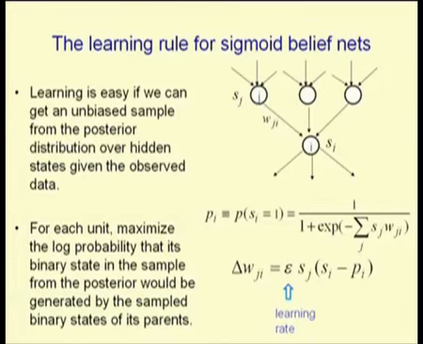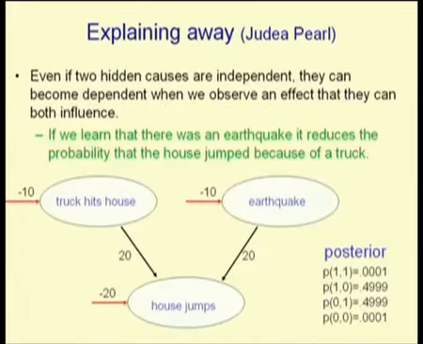And so it typically won't be the same as p_i. This will make p_i more like s_i. So the learning rule is nice and easy, but it's the inference that's hard. I want you to have an understanding of why the inference is hard, because it turns out that getting rid of that problem in the inference is the whole secret of making these deep belief nets easy to learn.